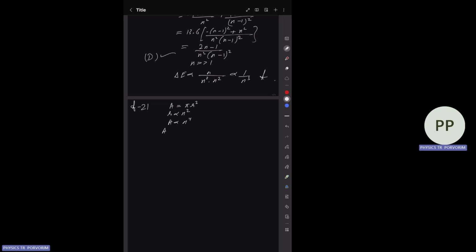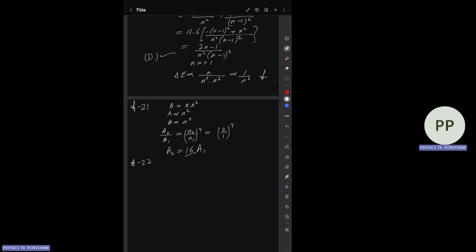A2 by A1 is equal to N2 by N1 to the power 4. For the first excited state, it is 2 by 1 to the power 4, so A2 will be 16 times A1. So X is 16.